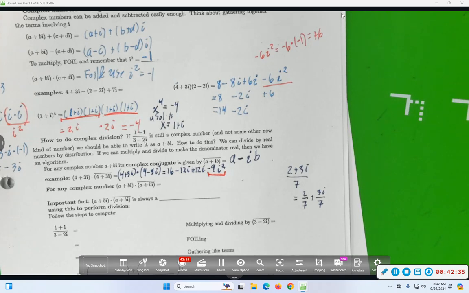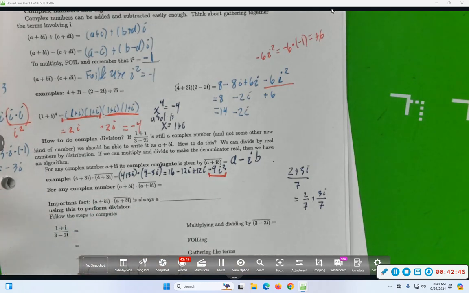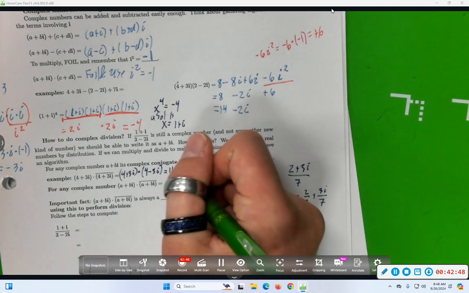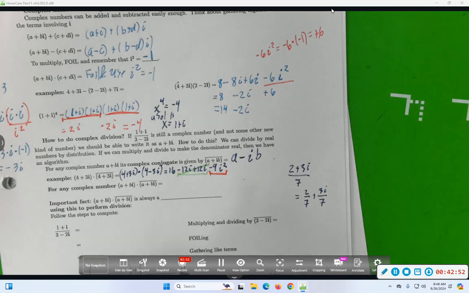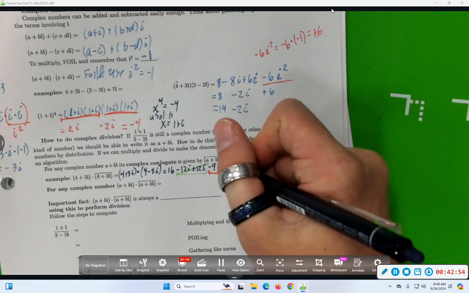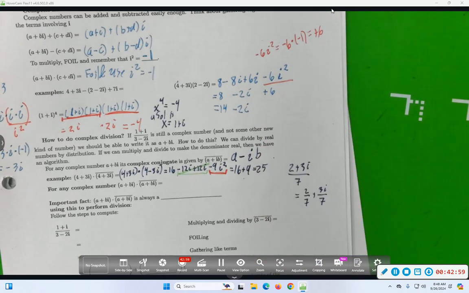Any other simplification you see? Negative 12i and 12i cancel. All right, so this works out to be 16 plus 9, also known as 25.